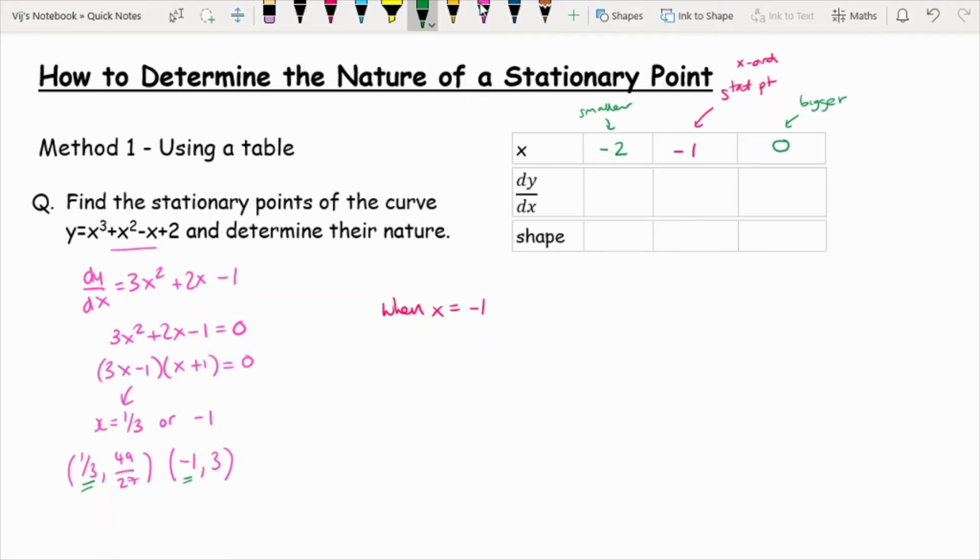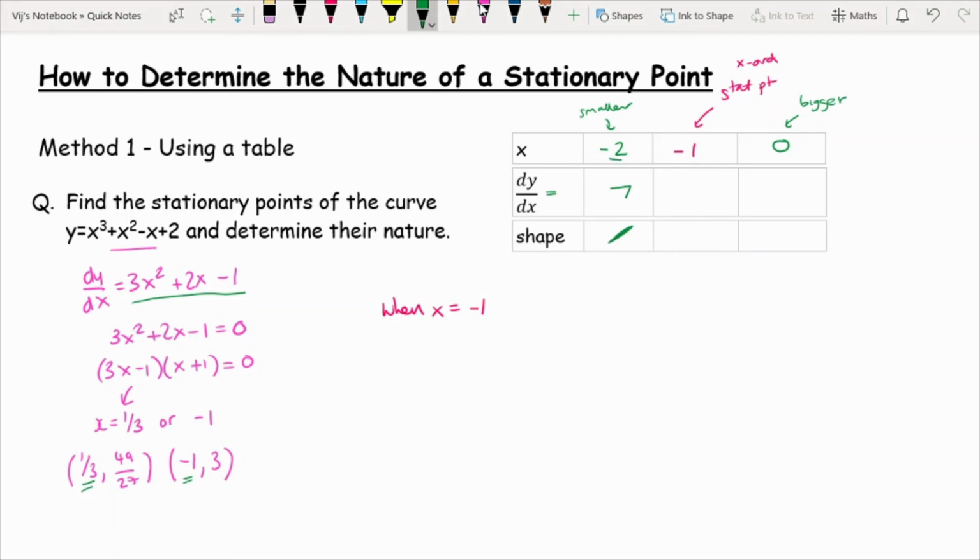Now what I need to do is substitute these numbers into dy dx. So if I substitute minus 2 into 3x squared plus 2x minus 1, I'm going to get a value of 7. That gives me a positive gradient, so it means that the line is going to be going upwards.